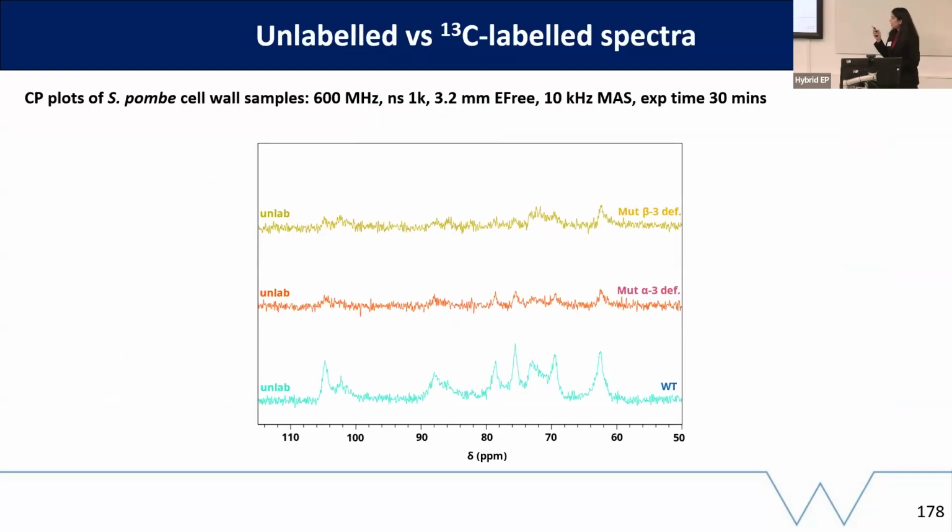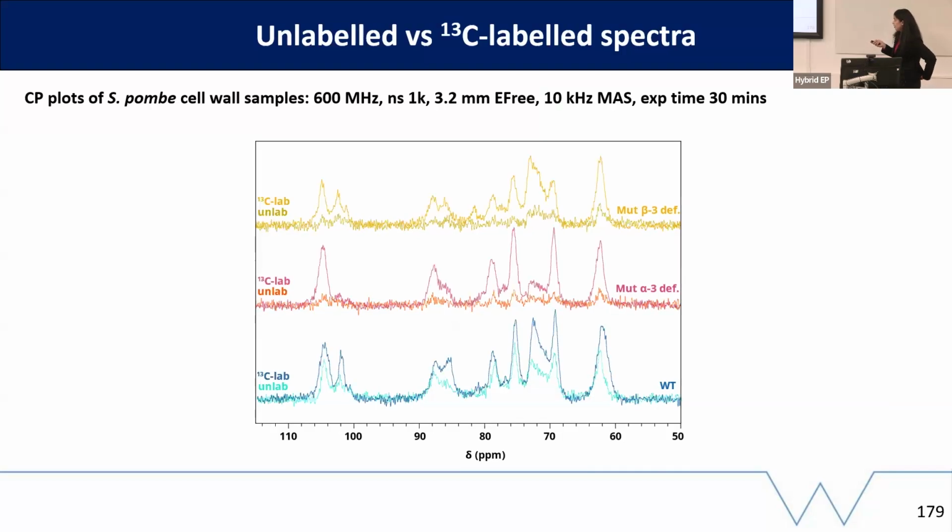So this is the unlabeled NMR spectra of the three samples: wild type, alpha 3 deficient mutant, and beta 3 deficient mutant. We saw that the signal to noise is bad on the unlabeled. That is why we wanted to see how labeling affects the signal to noise in our samples. We do see an improvement in the signal to noise.